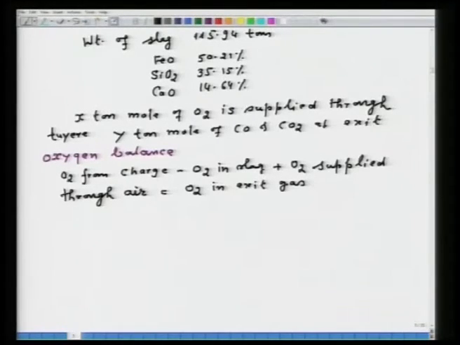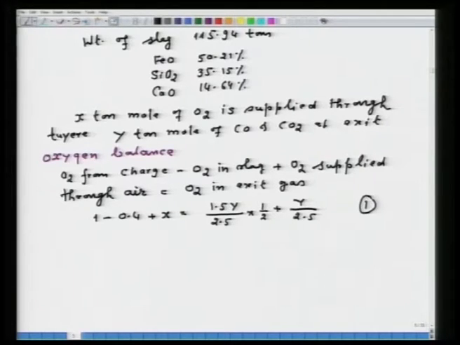You have to consider the oxygen present in the system, introduced in the form of the charge, and also the oxygen in the slag, say FeO and all these things; it has to be considered. So, if I do that, then I form the balance which is 1 minus 0.4. Please do the calculation, I have given enough hint to you. That will be equal to 1.5 y upon 2.5 into 1 by 2 plus y upon 2.5, and that is my equation 1.